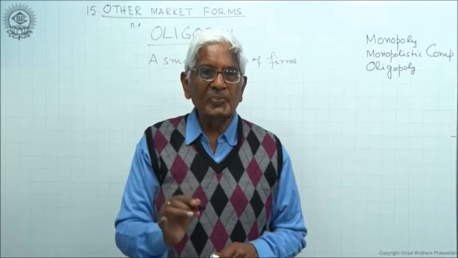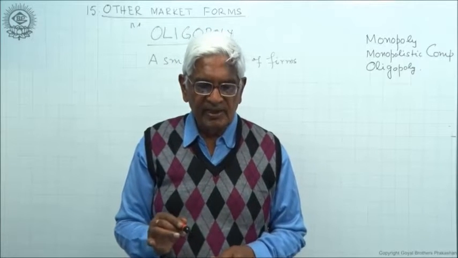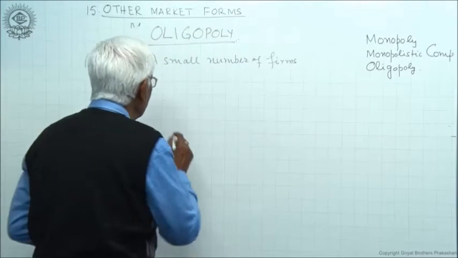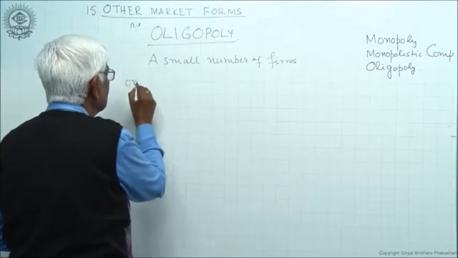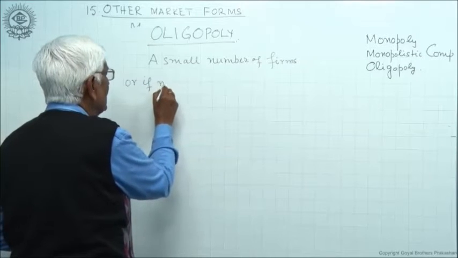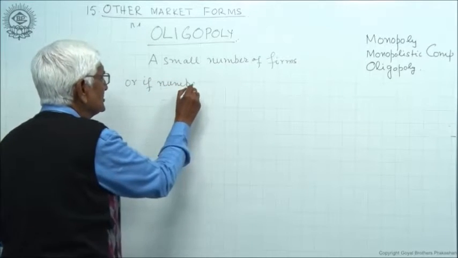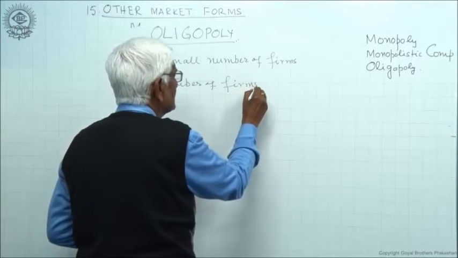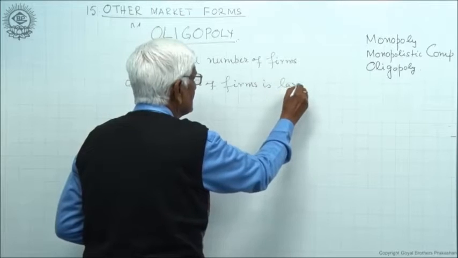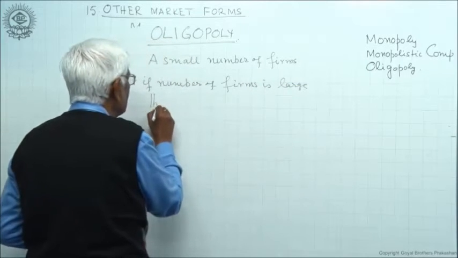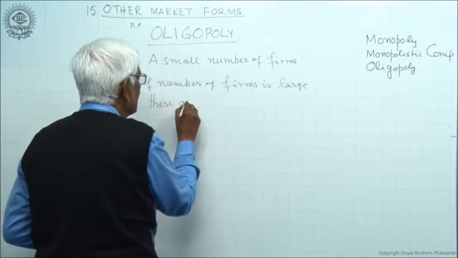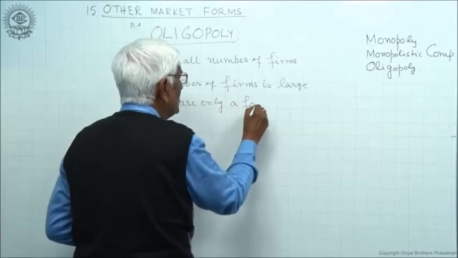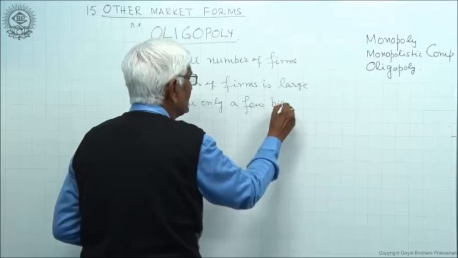So oligopoly is a market situation in which there are a few firms, or if the number of firms is large, there are only a few big firms.